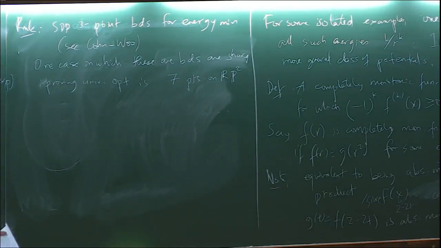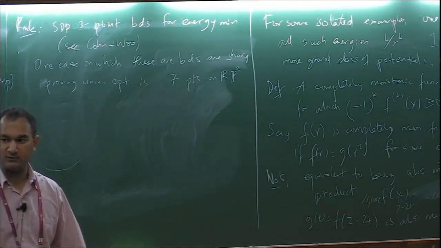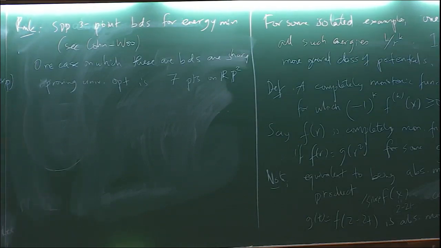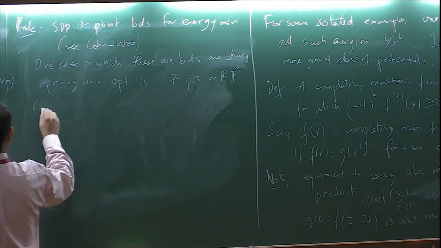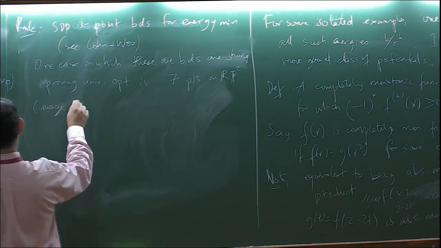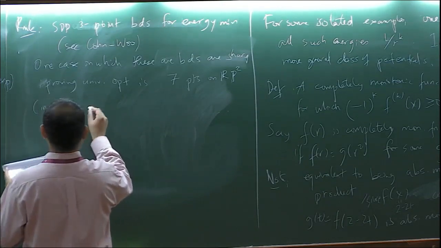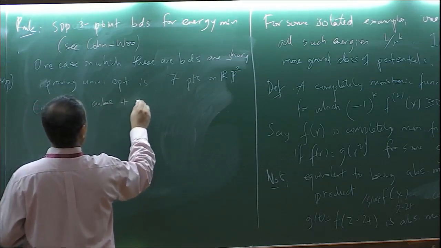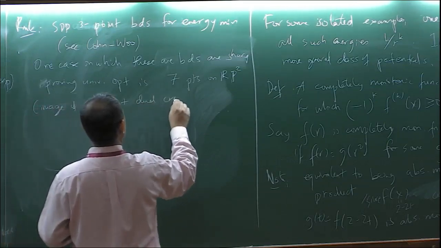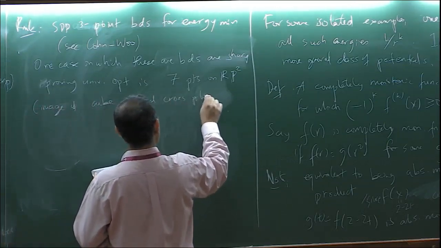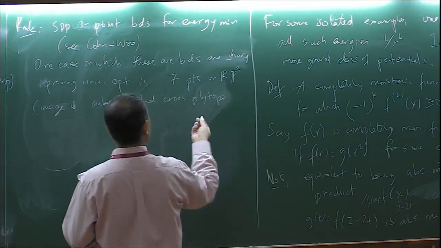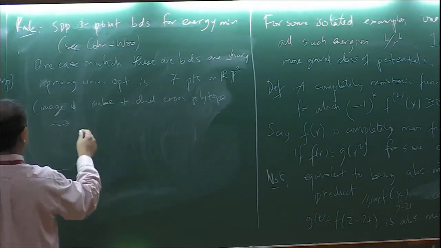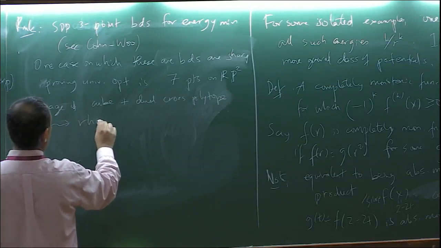If you take a cube on the sphere, that's 8 points, and you take its dual cross polytope, that's 6 more points, that's 14 points. You take the image in RP2, that's 7 points in RP2. Okay, so it's the image of the cube plus dual cross polytope, which is also called a rhombic dodecahedron.